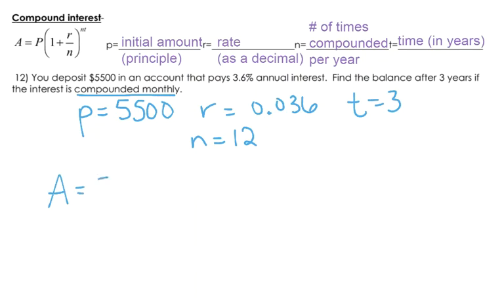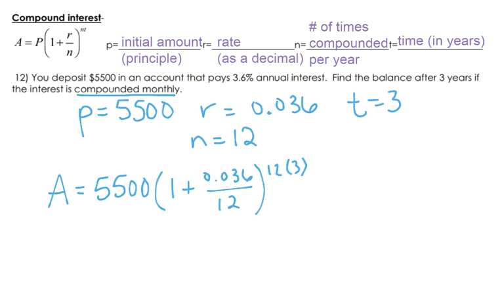So A equals 5,500 times 1 plus 0.036 divided by 12, raised to the 12 times 3, raised to the 36th power. Alright, really stop this, go get a calculator, plug this in, because this is the stuff that you need to plug into your calculator.